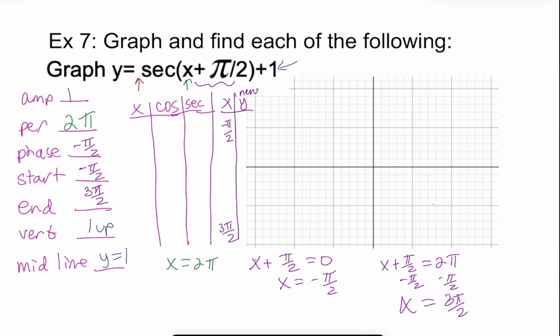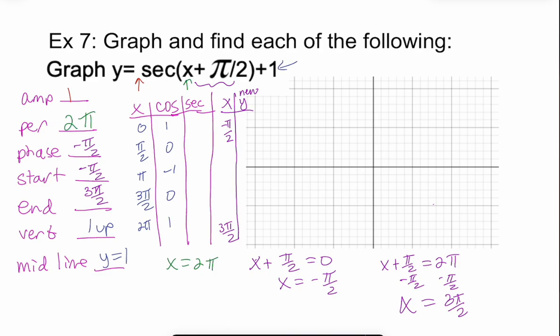Okay, so let's fill in what we know. So this is 0, 0. Pi over 2 is 1. No, it is not. I'm sorry. I was doing a sine, which is not a good place. Okay, cosine starts at 1 and goes to 0, then negative 1, and then 0. And then at 2 pi, it's at 1 again.